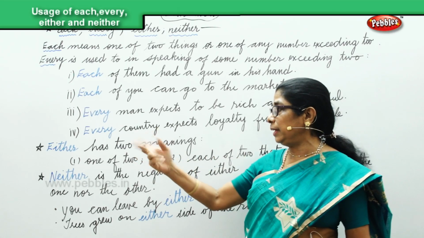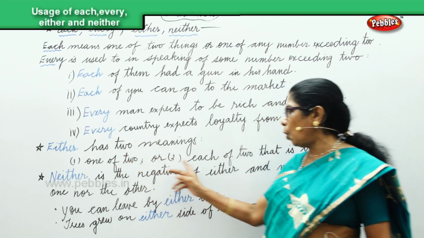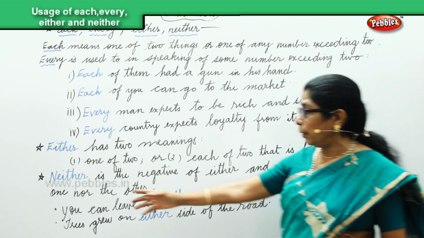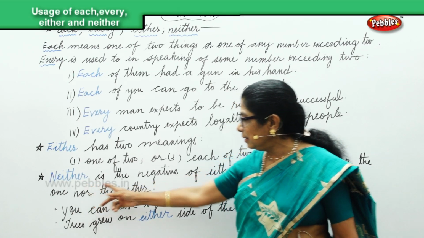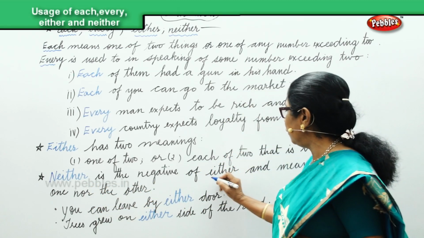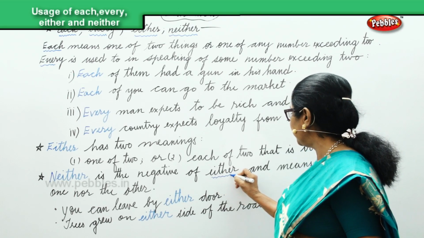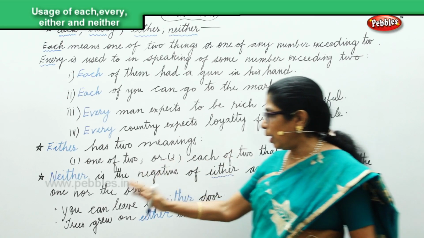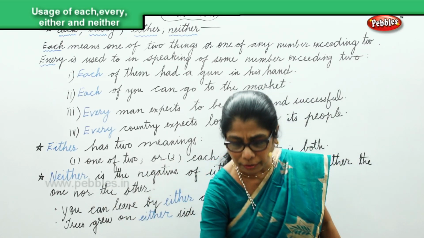Either has two meanings, one of two or each of the two, that is both. Neither is the negative of either, and means neither the one nor the other, none of those.